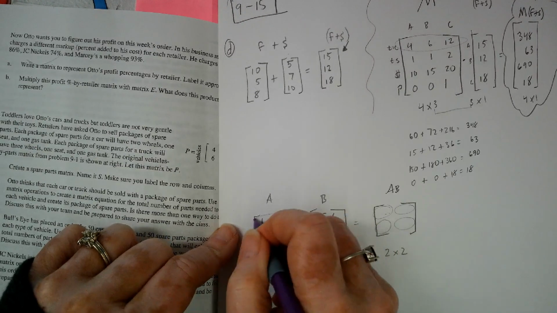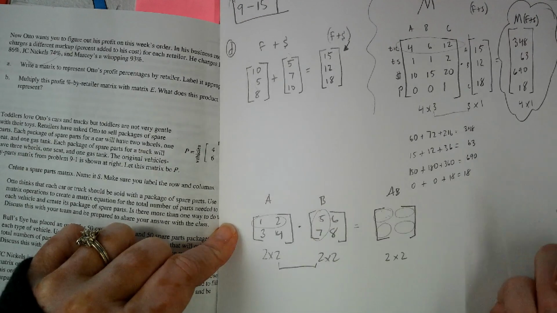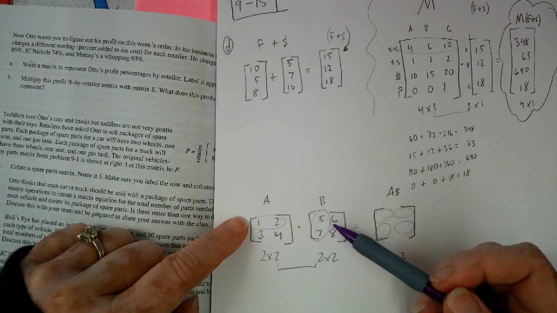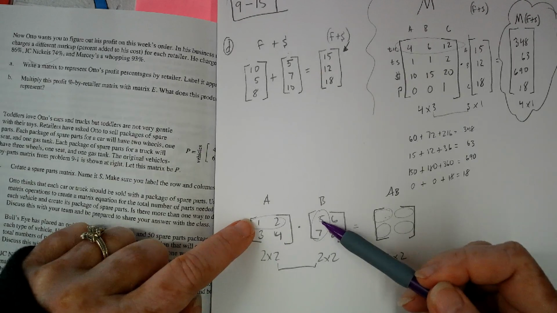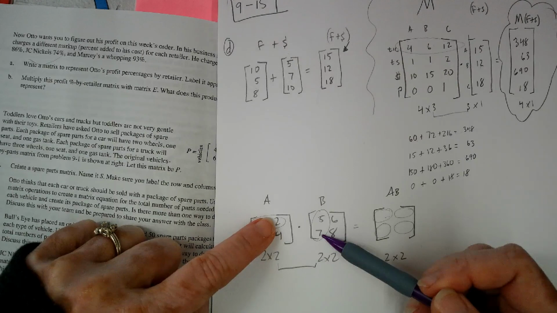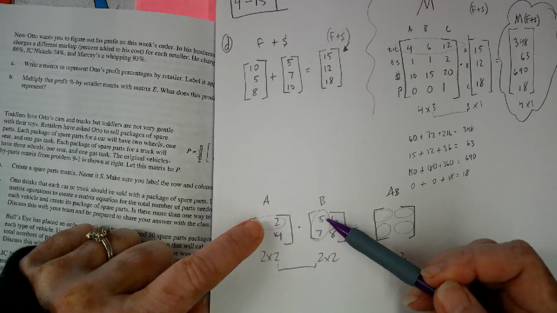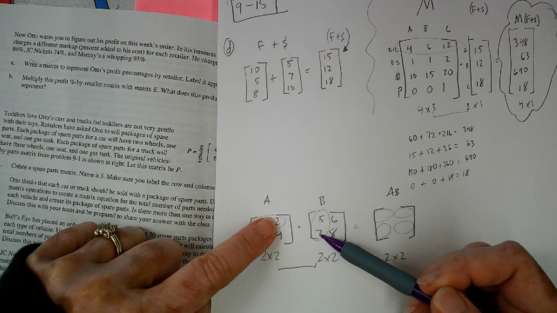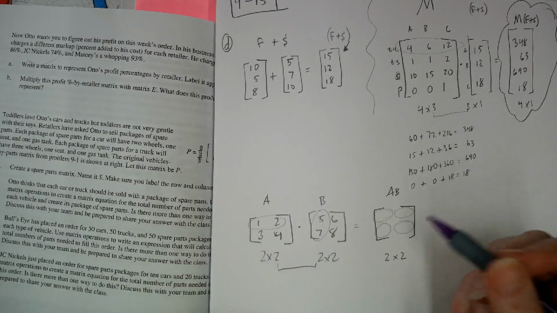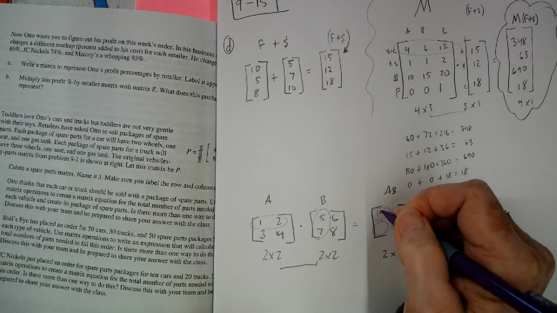So I'm going to use row 1 and column 1, just like we were doing earlier. So I'm going to go 1 times 5 plus 2 times 7. So 5 plus 14, I think that gives me a 19.